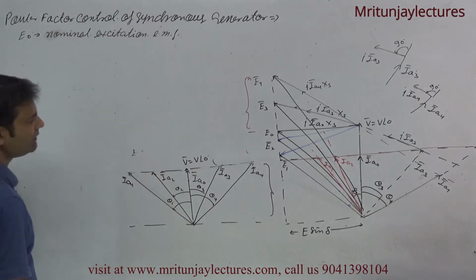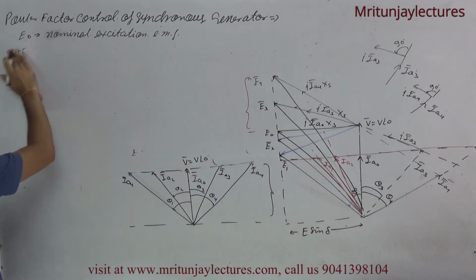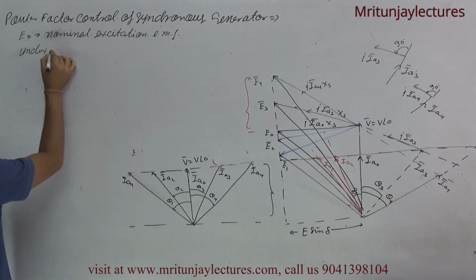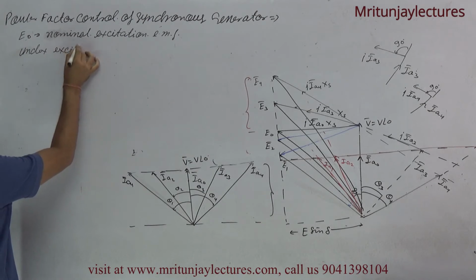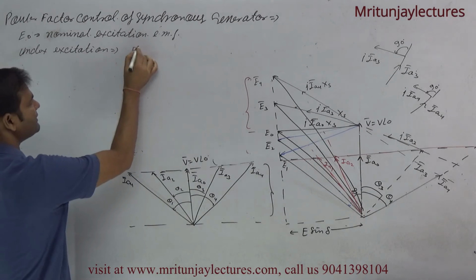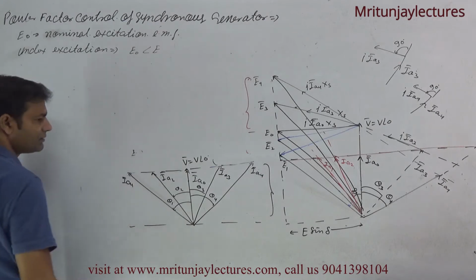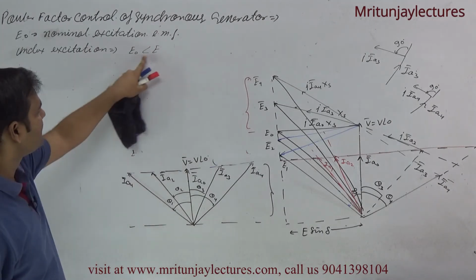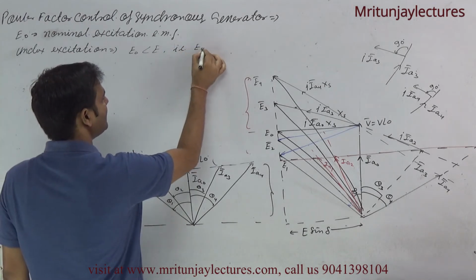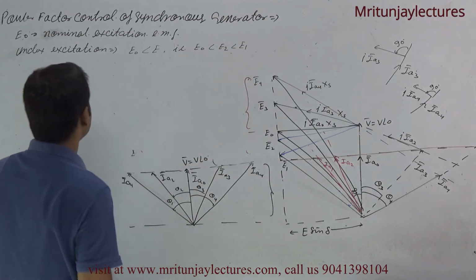Okay, that is nominal excitation. And first of all, under and over: under excitation means excitation EMF E is less than E0, that is, you can say E2 is less than E1, that is under excitation.